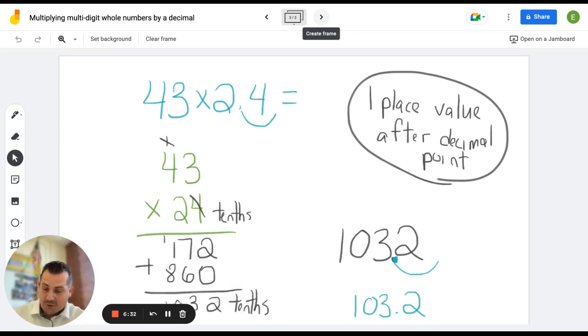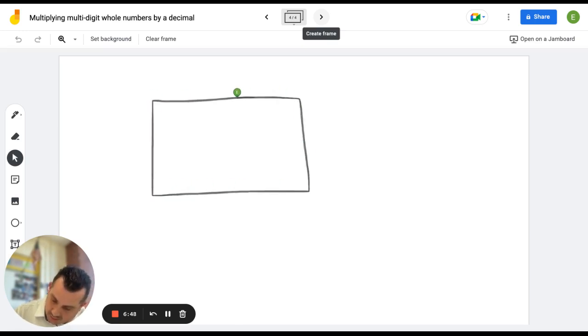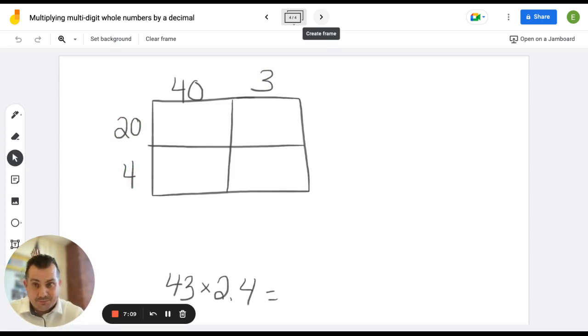Now, if I was to do this using an area model, 43 times 2 and 4 tenths, I'm going to set up 43 and now 20 and 4.